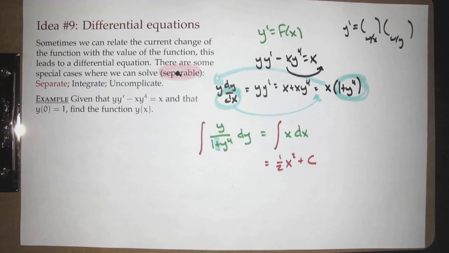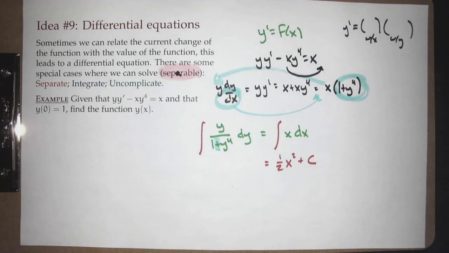Is there a good substitution for us? Y squared. Wow, I was going to start with 1 plus y to the fourth. Is 1 plus y to the fourth going to be a good substitution? Why would it not be a good substitution? Because you don't have a y to the third upstairs. So then someone said, hey, how about y squared?